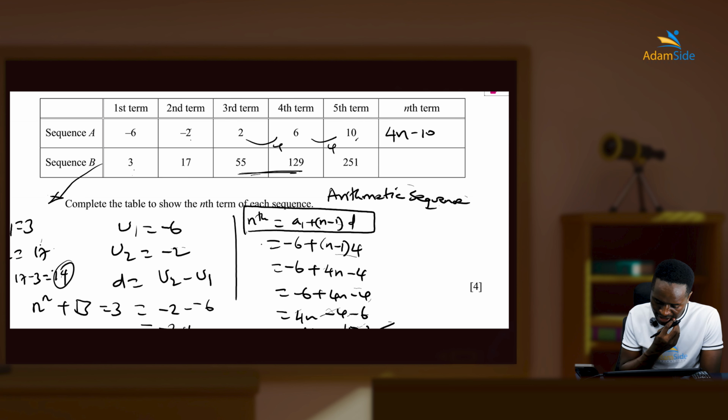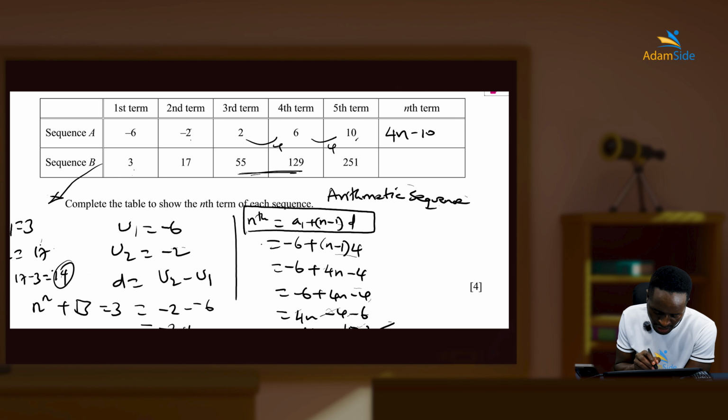That's our first identity. 1 to the power 1 is 1, and then 1 plus something should be equal to 3.